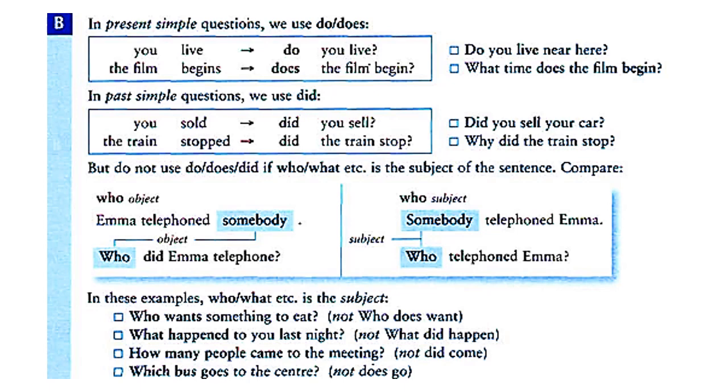But we do not use do, does, did, if who, what, etc. is the subject of the sentence. When we ask about the subject, we don't use do, does, or did. For example, Emma telephoned somebody.